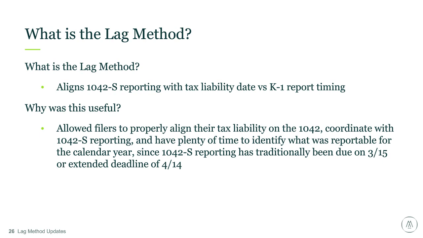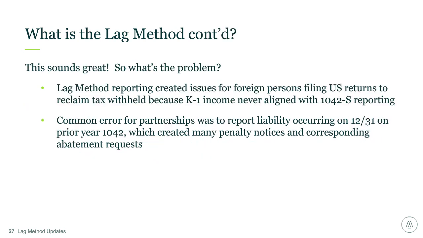That was great in certain ways. It allowed filers to properly align their tax liability on the 1042. They could coordinate the 1042-S reporting and have plenty of time to identify those reportable amounts. Because if you're making a deposit right now, that 1042-S and the 1042 reporting wouldn't be due until next year. But it was really creating problems for foreign investors who were filing U.S. tax returns to reclaim some of that tax withheld.